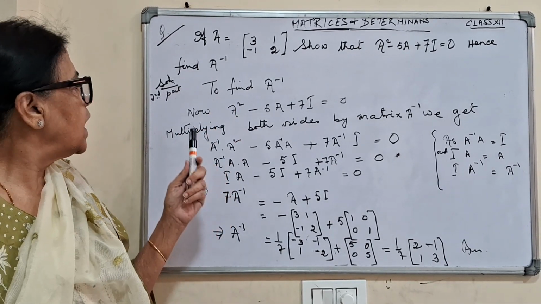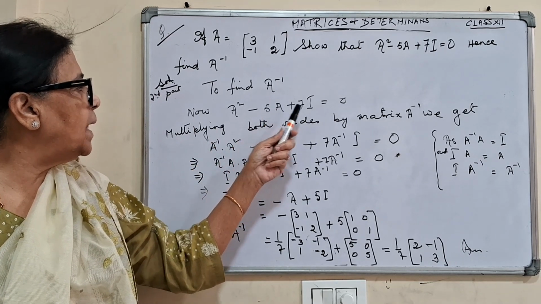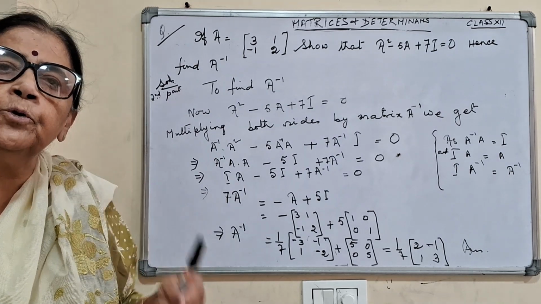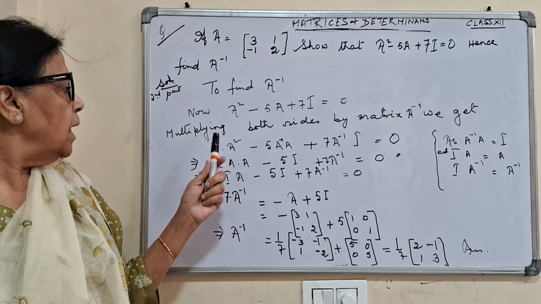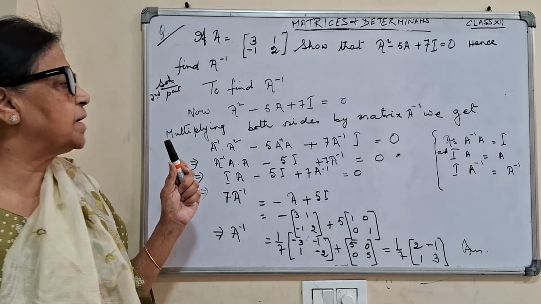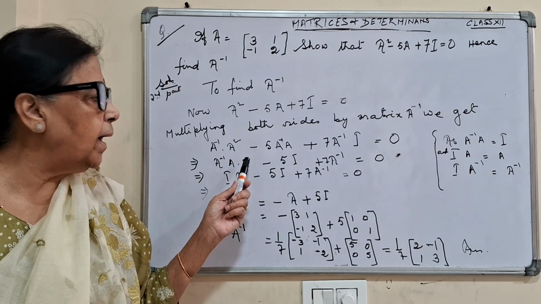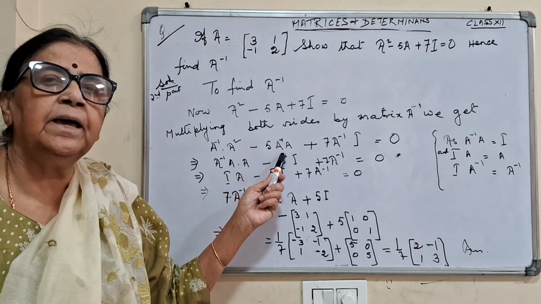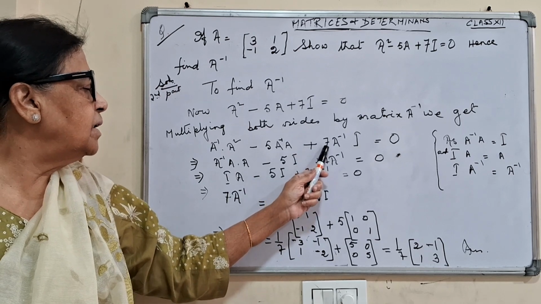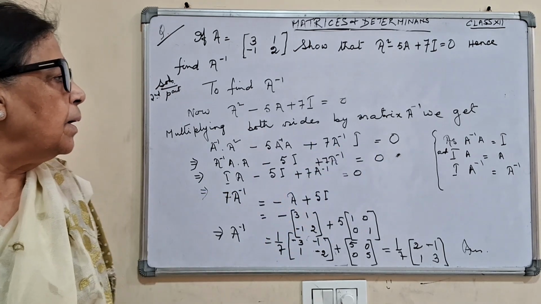We have A square minus 5A plus 7I is equal to 0. From this, we have to find A inverse. So multiplying both sides with the matrix A inverse, we get A inverse A square minus 5 A inverse A plus 7 A inverse I is equal to 0.